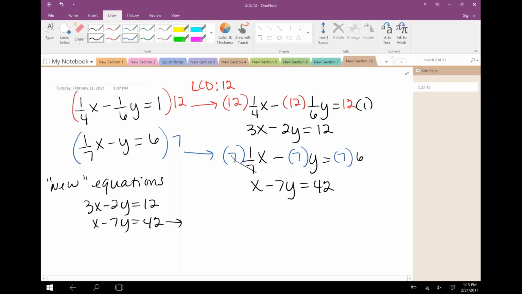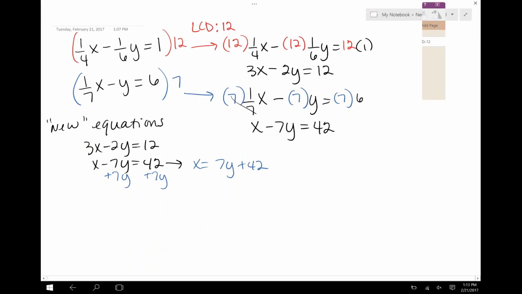So if we take the second equation, all you have to do is add 7y to both sides. So then we'll have x equals 7y plus 42. And then we would take 7y plus 42 and plug it in for x in the other equation.